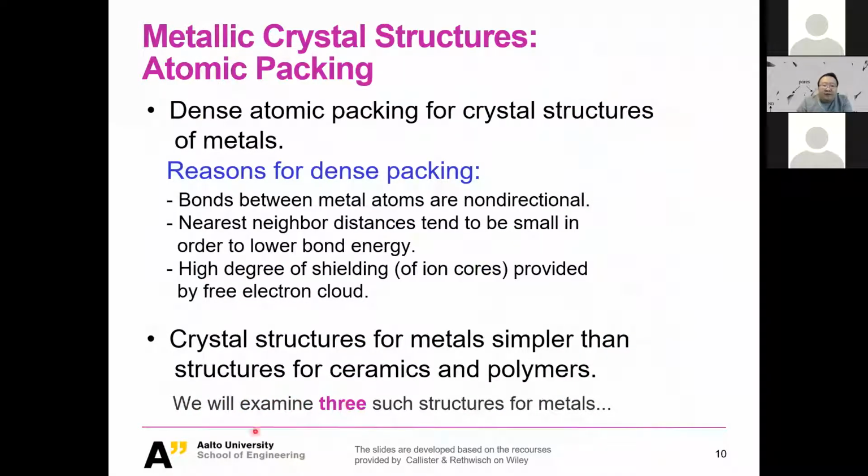I could also give you some reasons concerning why metals prefer, or could reach, the crystal structure with dense packing or regular packing. One of the reasons is that the metallic bond we have learned before is a little bit different. Due to the electron cloud, it creates a kind of non-directional force among all the atoms.